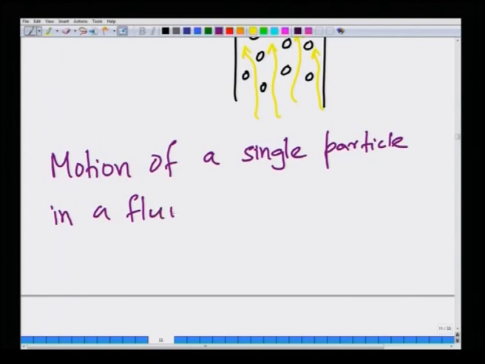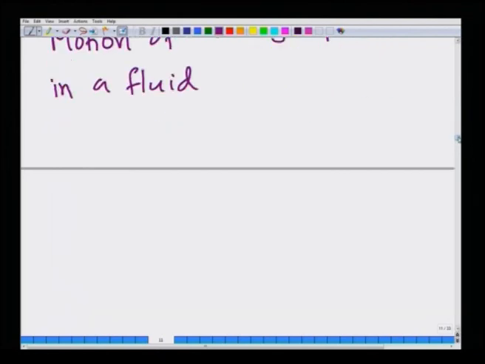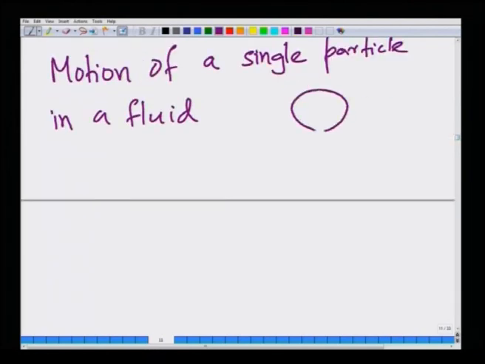Essentially we will imagine that you have a spherical, rigid particle to begin with, of some radius or diameter d, moving with a constant velocity under the influence of gravity, and we want to be able to predict the settling velocity of this particle as a function of various parameters in the problem.